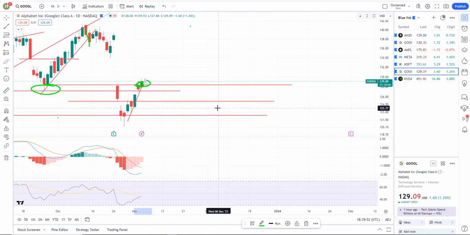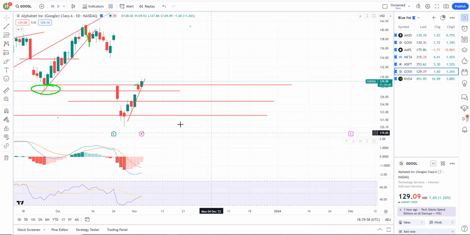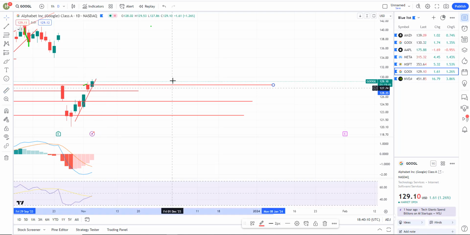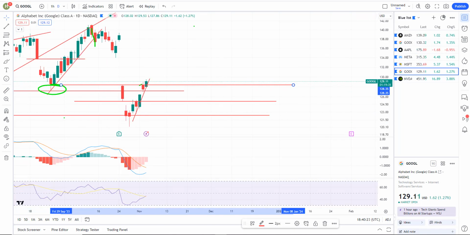Typically, when you want to look for a breakout above resistance, you want it to be impulsive. This is not impulsive above this level. Google's up 1%, but from the resistance level, which is right here, about 120, right there at that gap entry, it's really only up about 0.5%. So again, that's at resistance.